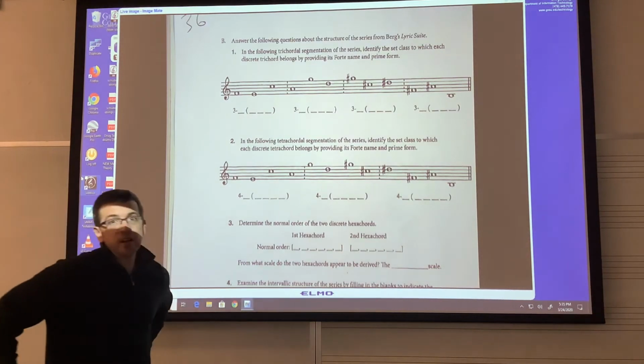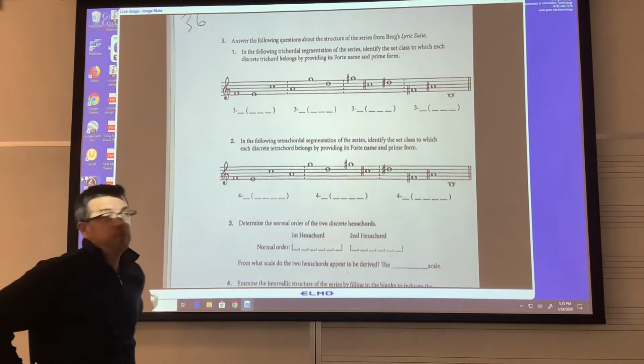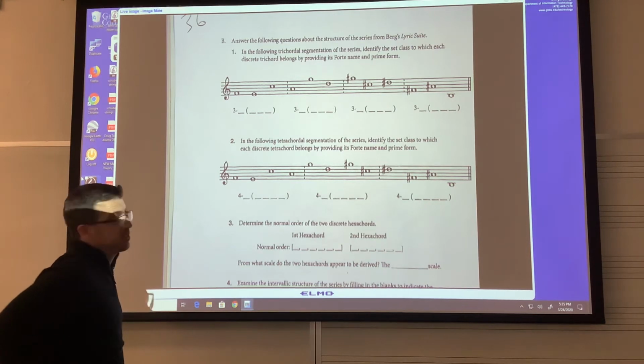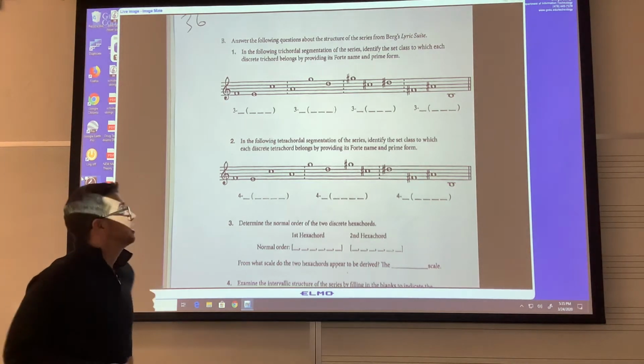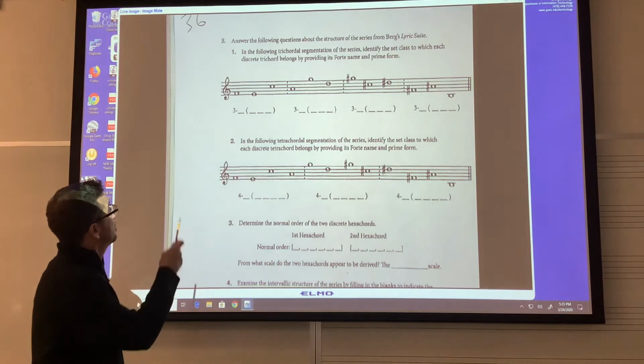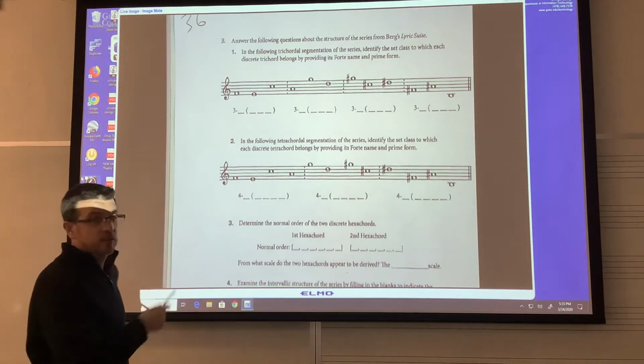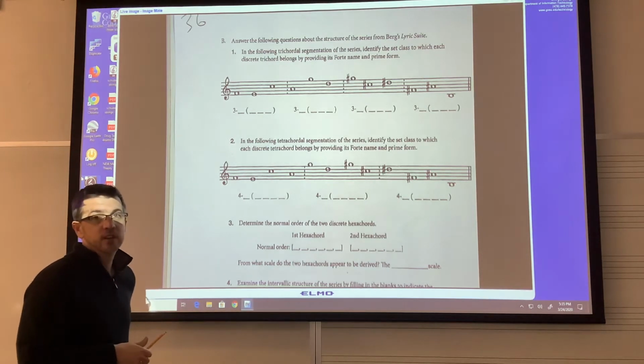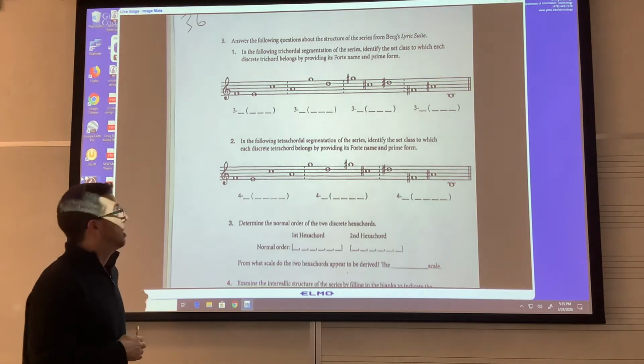So here we've got the P0 again, and one of the things you'll notice is that you can actually take each of the three groupings of three pitches and find a trichord.